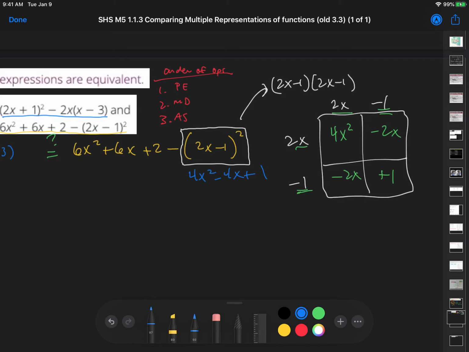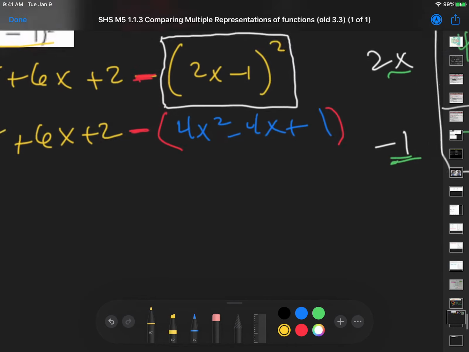Now, I'm going to do something here. I'm going to highlight this negative sign in red. That means everything in this expression is negative. Okay, so I still have all this. And let's distribute this negative now.